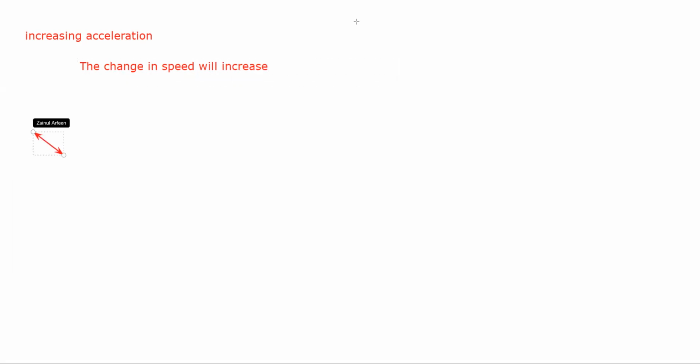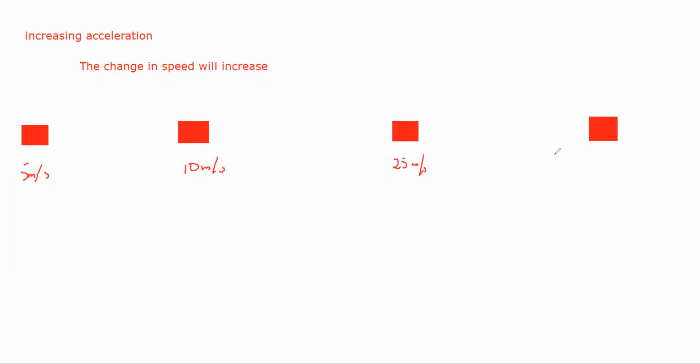So if you have an object at different positions, the speed of the object was 5 meter per second, then it became 10 meter per second, then it became 25 meter per second, and then it became 50 meter per second.